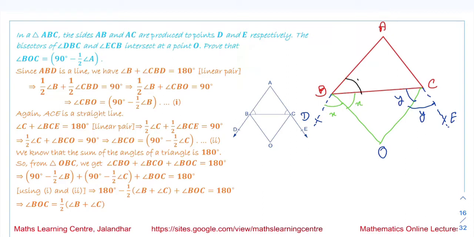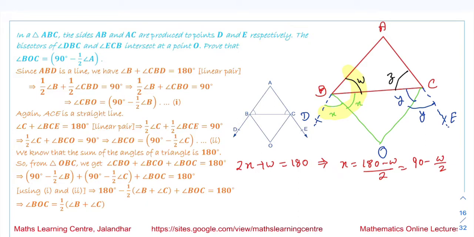Suppose we are saying this angle is W and this angle is, say, Z. So from these three angles, we have the equation 2x plus W is equal to 180. So from this we will get x is equal to (180 minus W) by 2, that is equal to 90 minus W by 2.